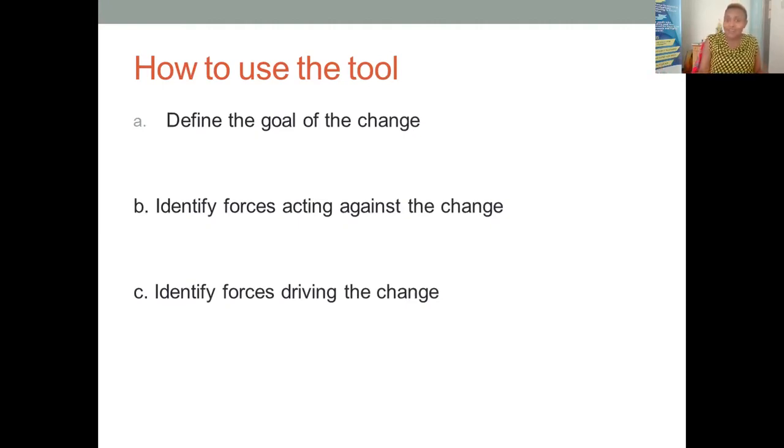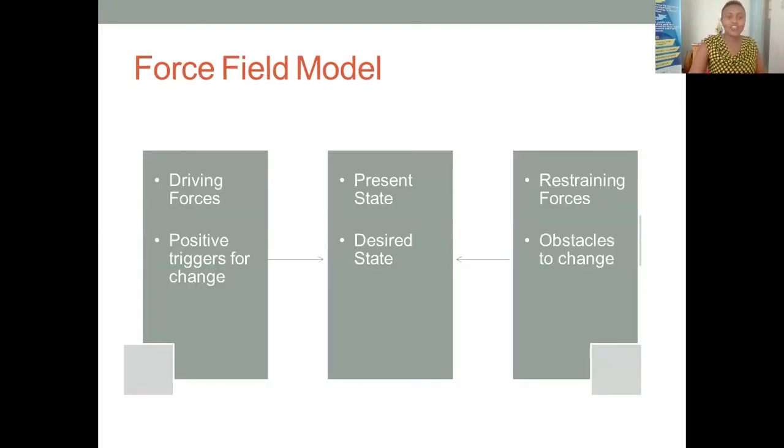Could be it is something like what has happened with COVID-19 that is becoming more favorable that organizations adopt or automate their systems. So we could actually say COVID-19 or the pandemic has actually accelerated the need for people to automate their systems and to work digitally and to work from home. So what are the forces that are driving the change? And what are the forces that are acting against the change?